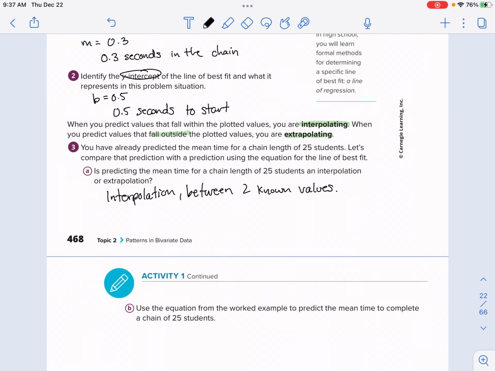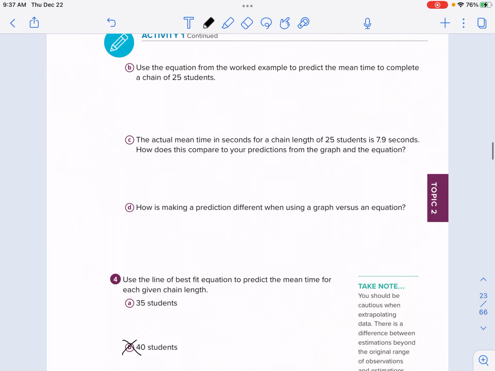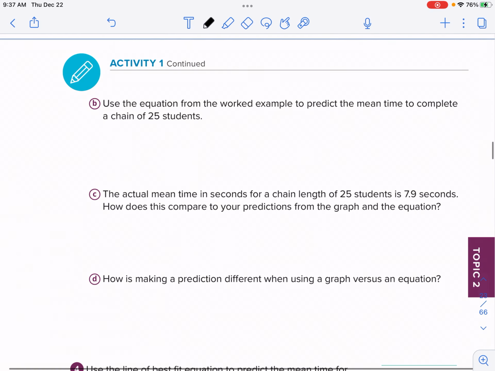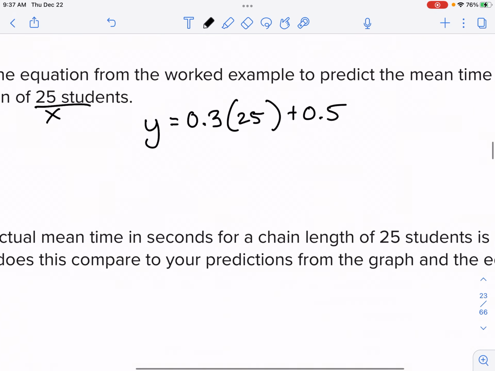All right, so I used the graph there, but we could also use the equation. So let's go on to the next page where we're going to be using the equation. It says use the equation for the worked example to predict the mean time to complete a chain of 25 students. So 25 students, this is x. So we're going to have y equal to 0.3 times 25 plus 0.5. We can multiply this out, but for this, a third, or 0.3 times 25, that is 7.5.